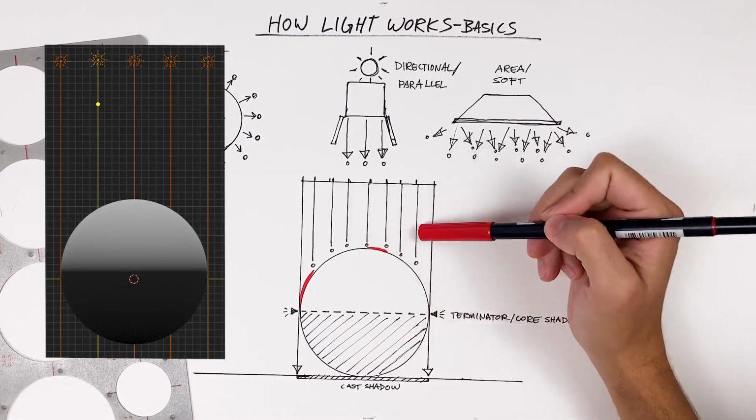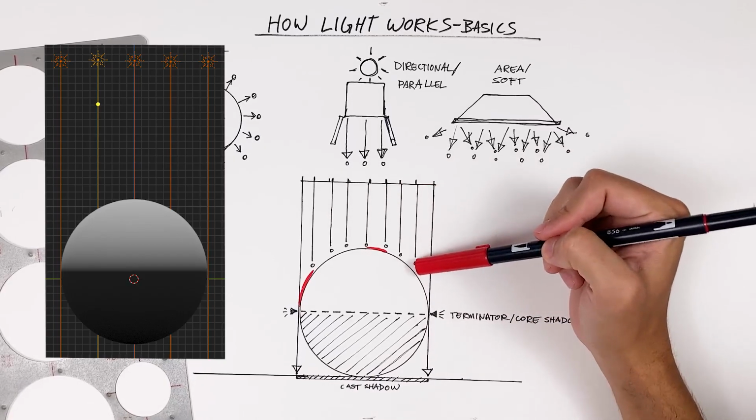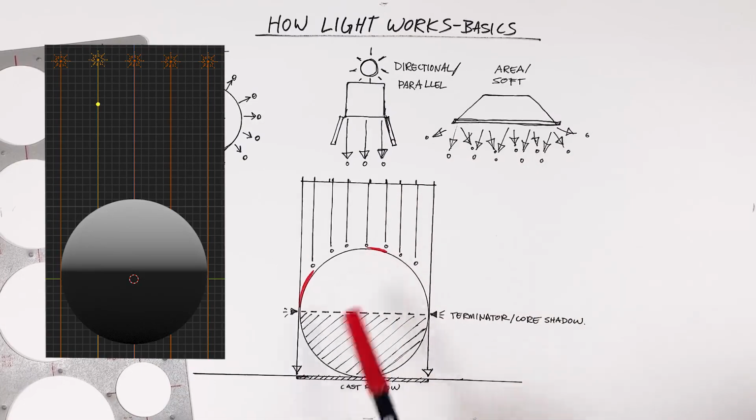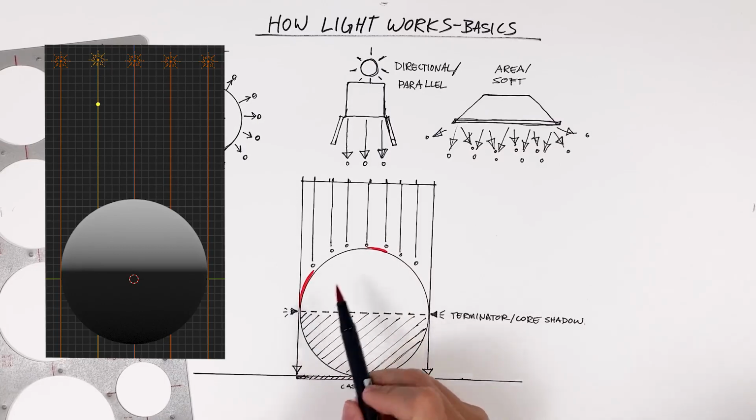Clearly, in respect to the evenly distributed photons that are striking this ball, this area on the surface of the sphere is much smaller than this area. This area gets long.